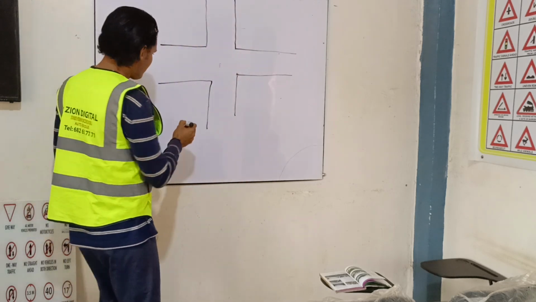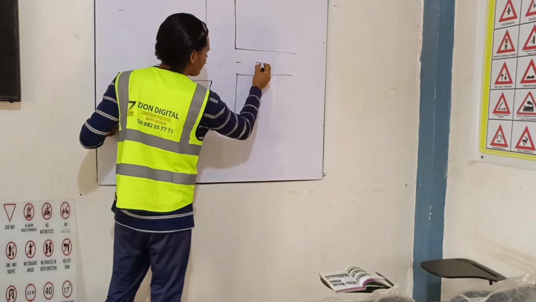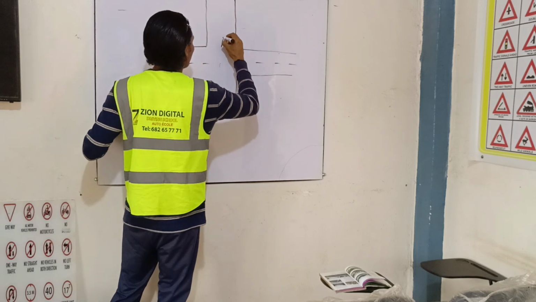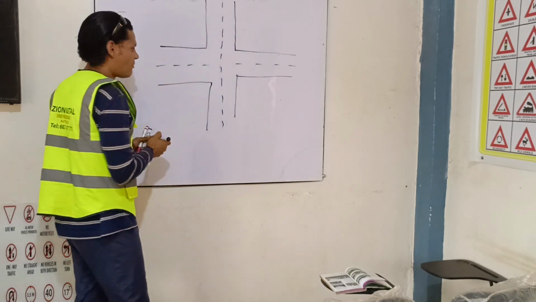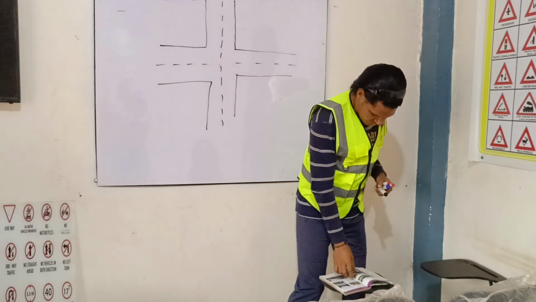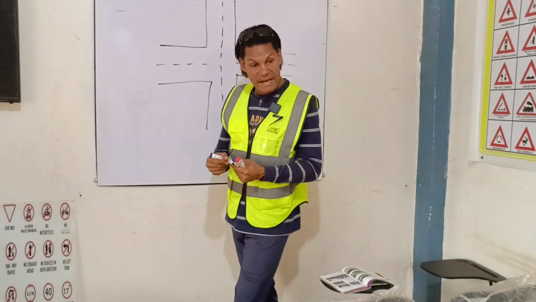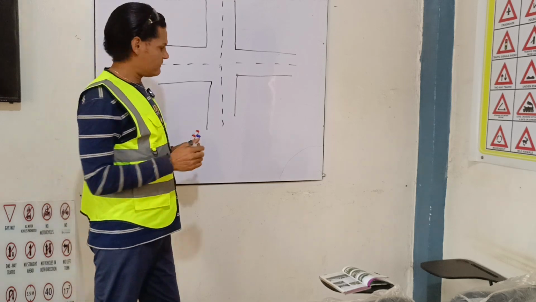Good. We'll put two broken lines. We'll start with the first one. Stop line. Stop line na solid line across road.